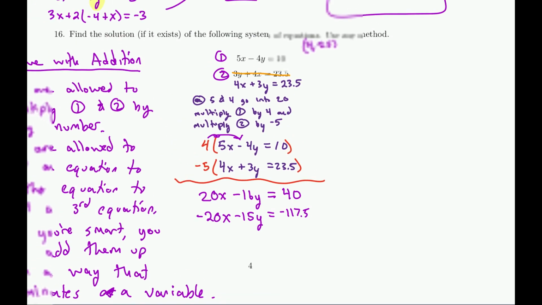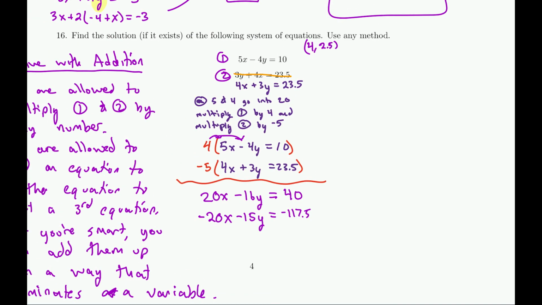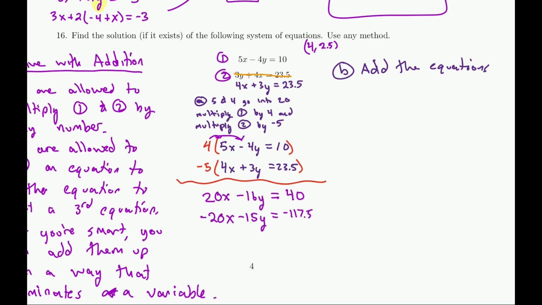Now what I'm going to do with these is add them. That was part A. Part B, add the equations. Not the original equations, the equations as we have them here. So I'm going to duplicate that so I can move them up here. We put a plus, a line under it, and add them together.